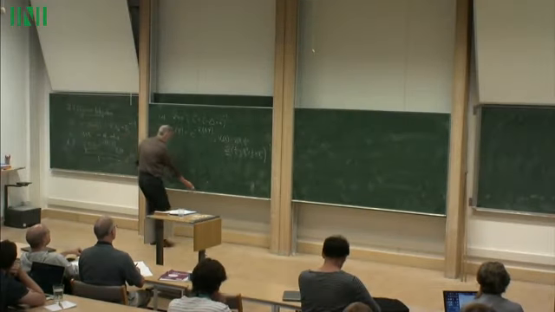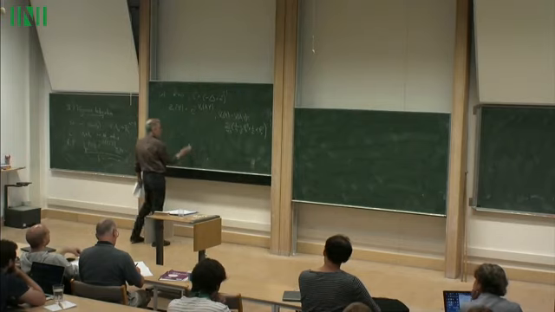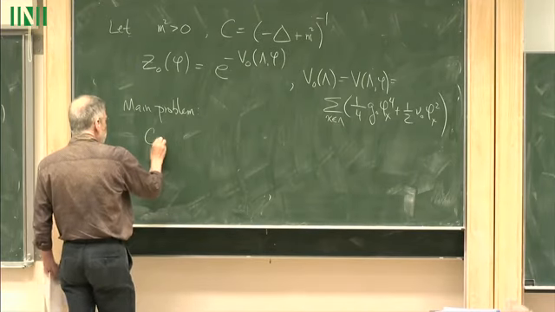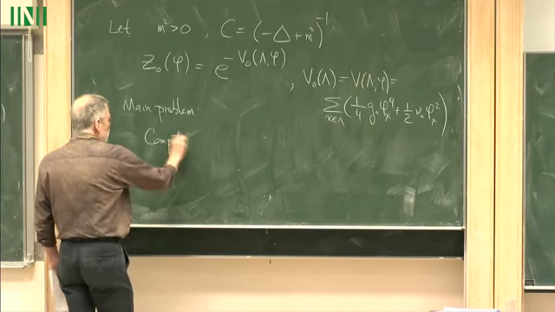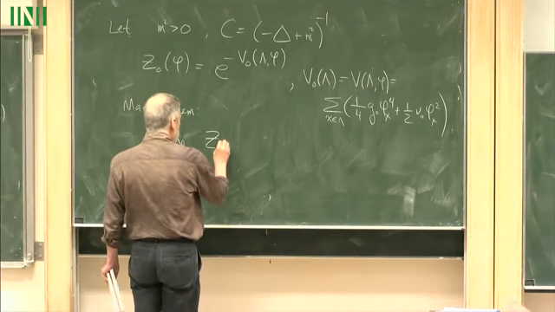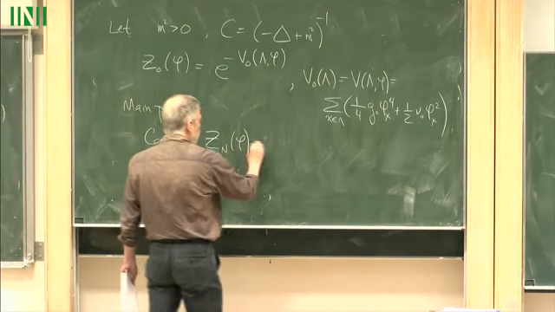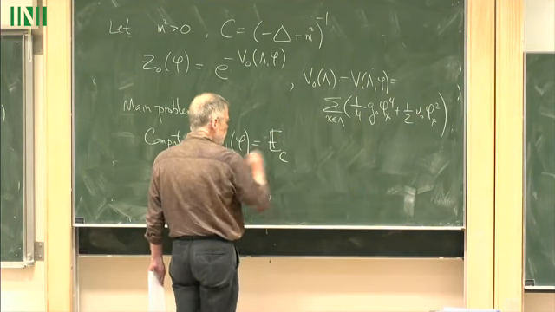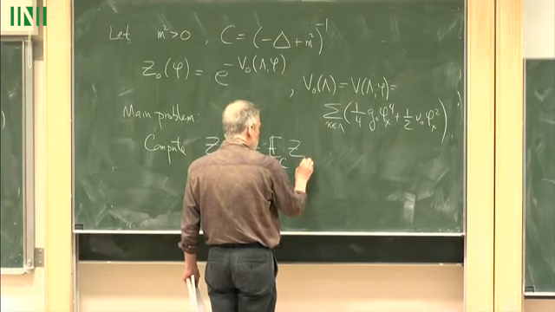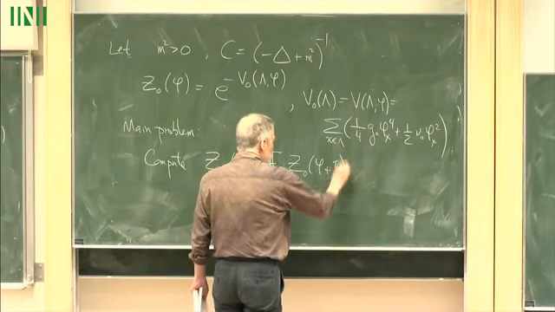And the main problem that we're going to be concerned with is the following. It's to compute a certain Gaussian expectation, which I'm going to call Zn of phi. And it's the expectation with respect to this Gaussian measure of Z0 at phi plus zeta.